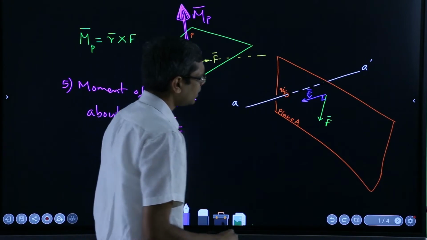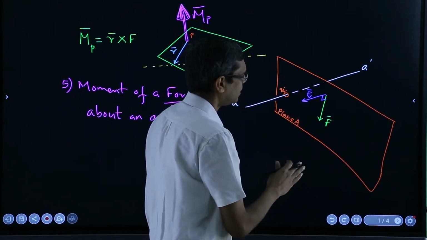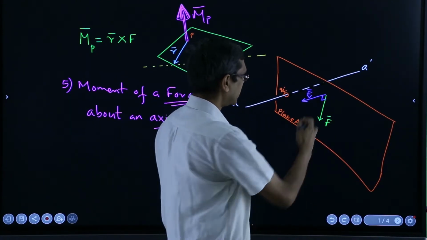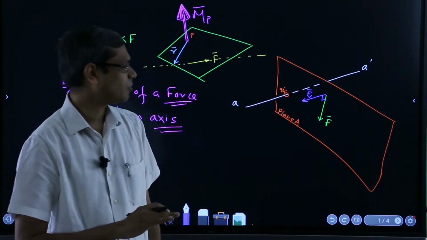Now, as soon as you draw that, you will get two vectors, F and F vertical, to define another plane.